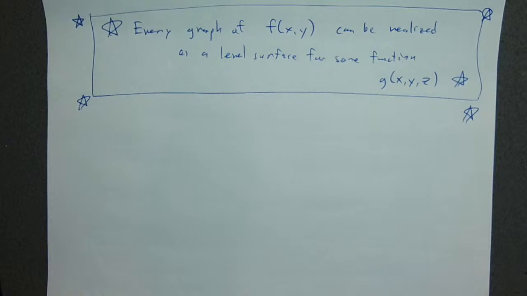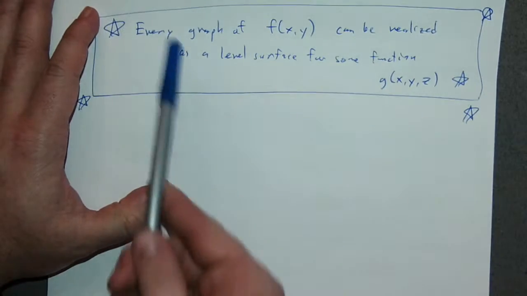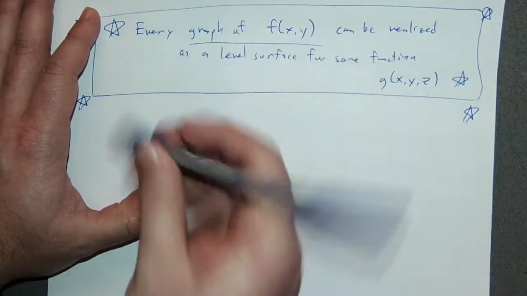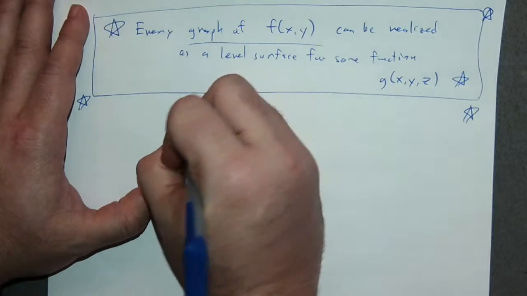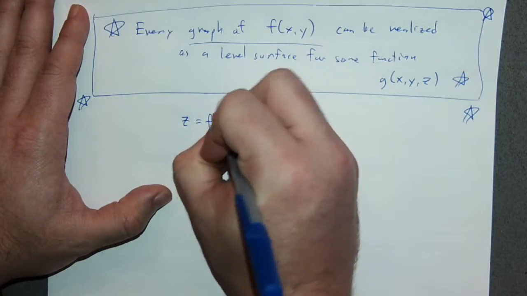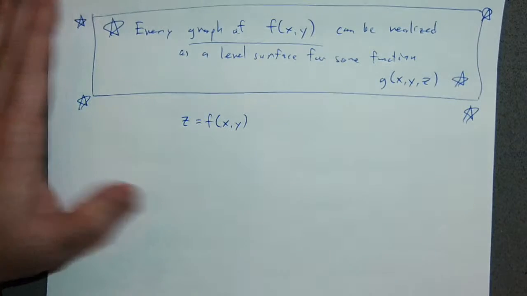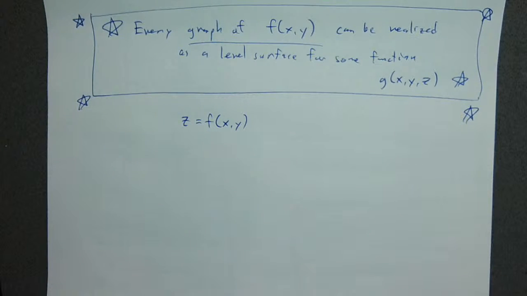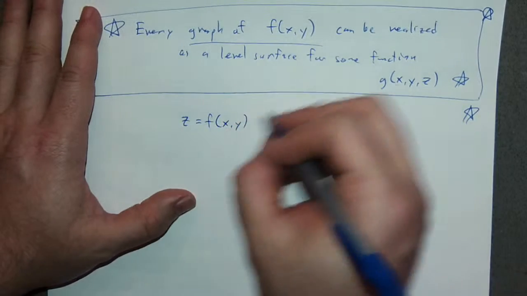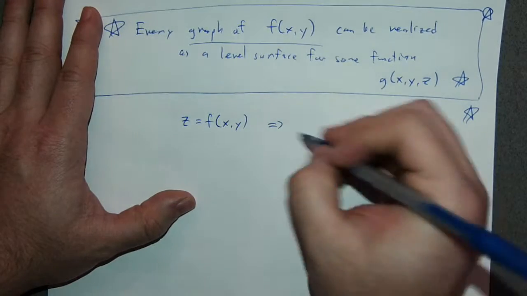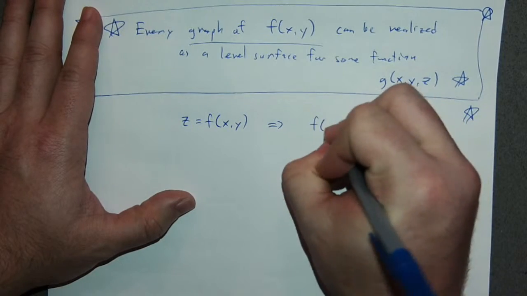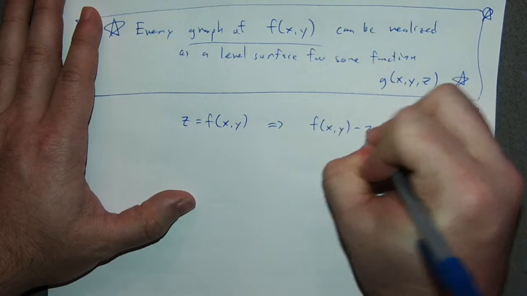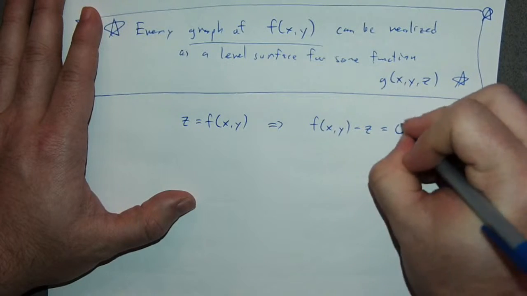Okay, how do I do this though? It's actually really easy. If I graph a function f of x, y, what is that? That's me saying that z is equal to f of x, y. Well, if z is equal to f of x, y, then f of x, y minus z is equal to 0.